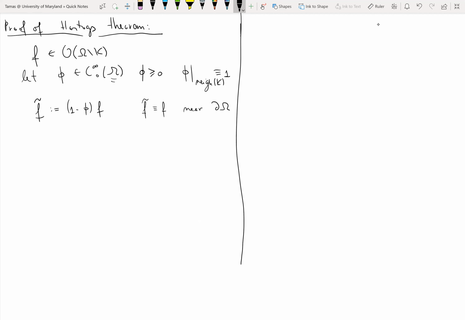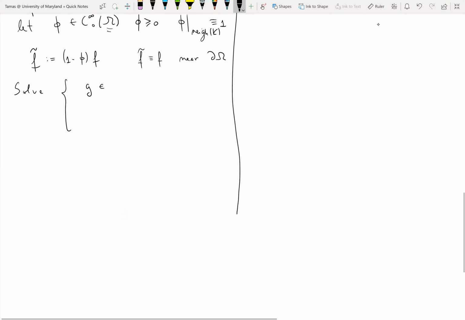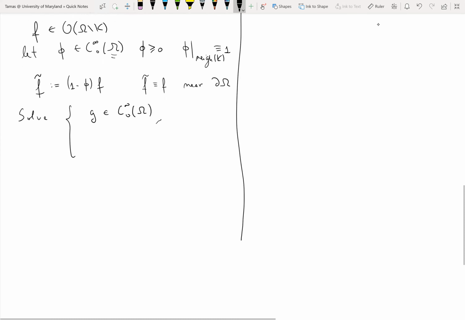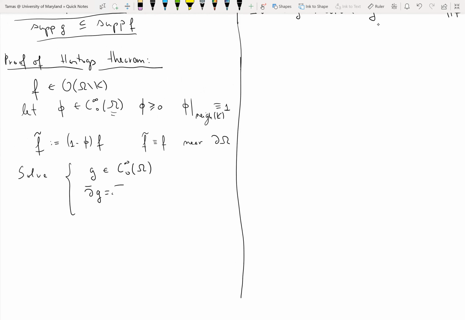So we want to get a function g, which is smooth and compactly supported in omega, such that Delbar of g is nothing but negative Delbar of f tilde, which is negative Delbar of (1 minus phi) times f.